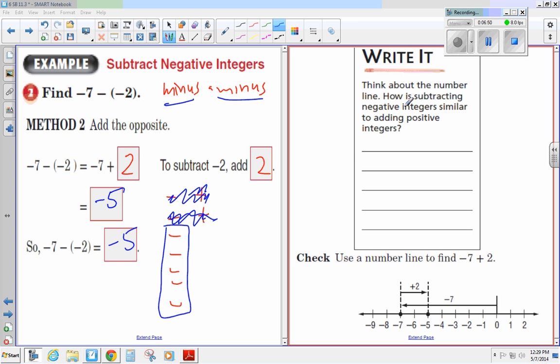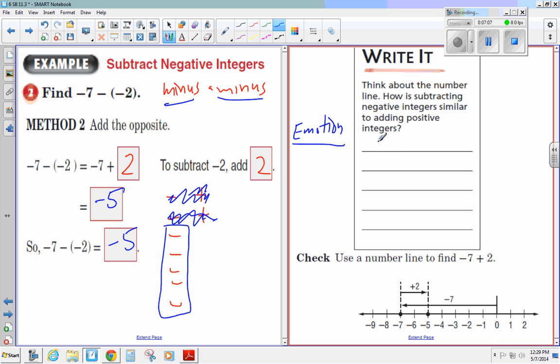When I think about adding and subtracting negative things, I actually like to think about the emotion behind positive and negative things. How is subtracting negative integers similar to adding positive integers?